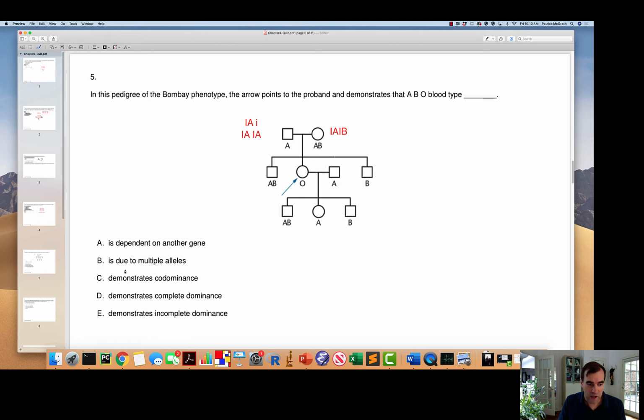And so the answer to this question is that it is dependent on another gene. There's a second gene that can also cause you to have O blood type that's not related to the I gene. And the answer to this, which is explicitly gone over in the textbook, we did not cover in the lecture.